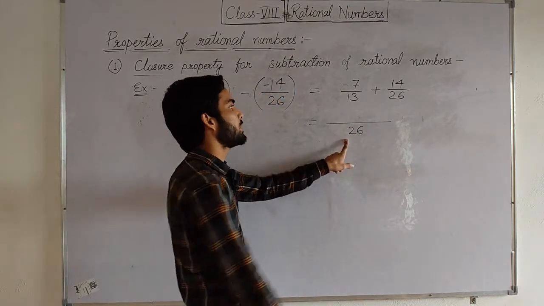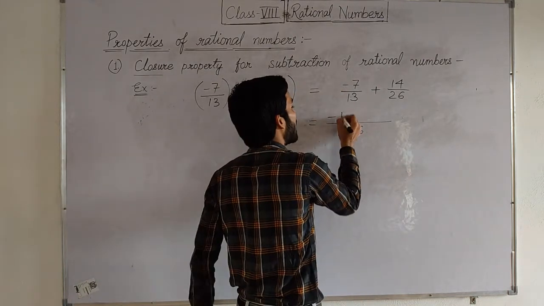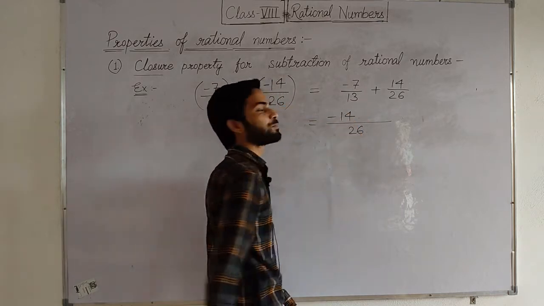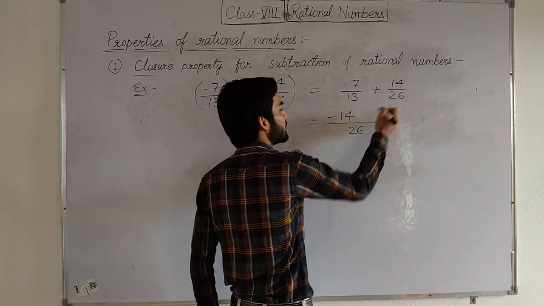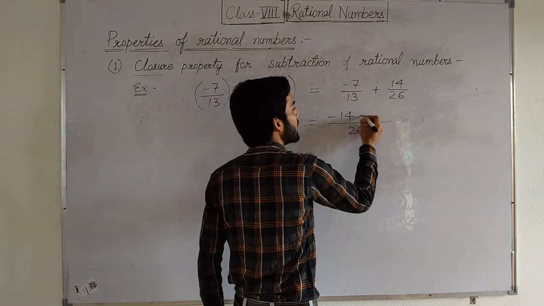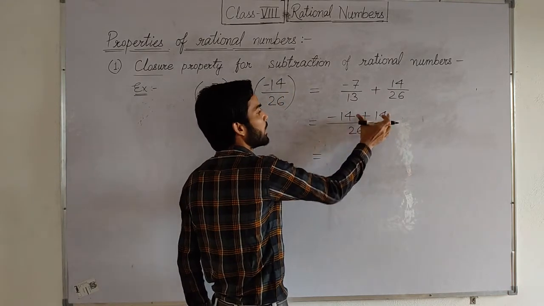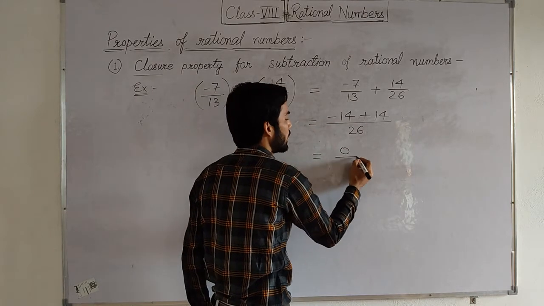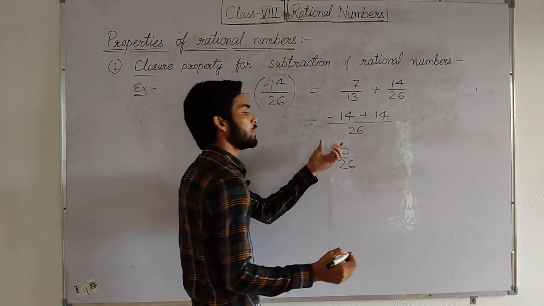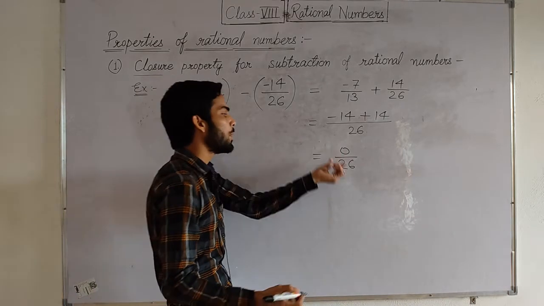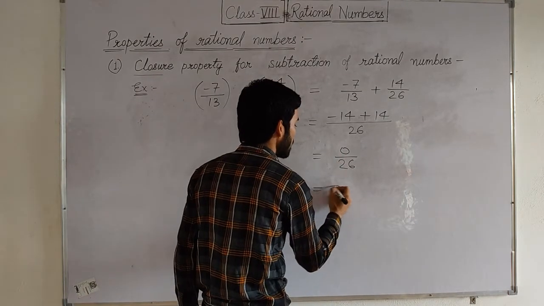13 twos are 26, minus 7 twos are minus 14, and 26 ones are 26, 14 ones are 14. My dear students, minus 14 plus 14 is equal to 0. That is, you will get 0 upon 26, and 0 upon 26 is equal to 0.